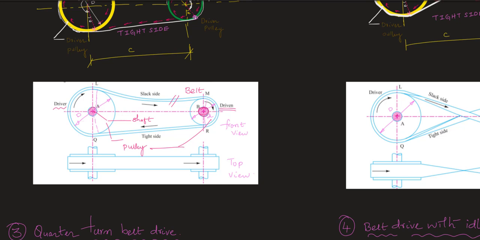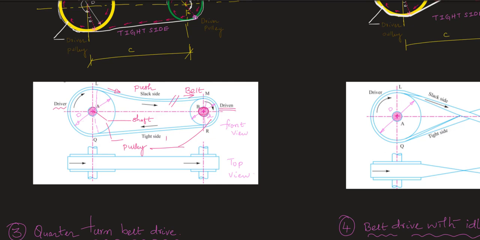Once it starts, when the driver pulley is rotated by means of a shaft, it will force the belt to push like this, and this belt will make the driven pulley rotate, and again it will come back.